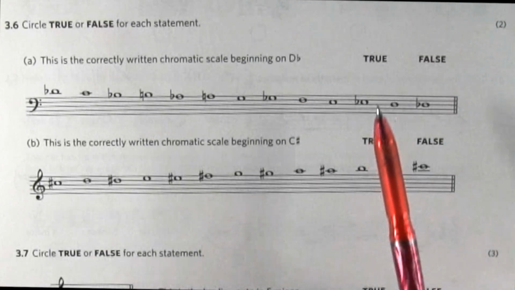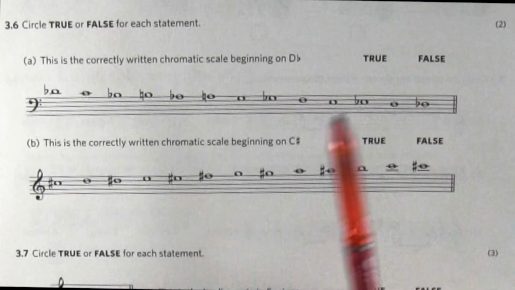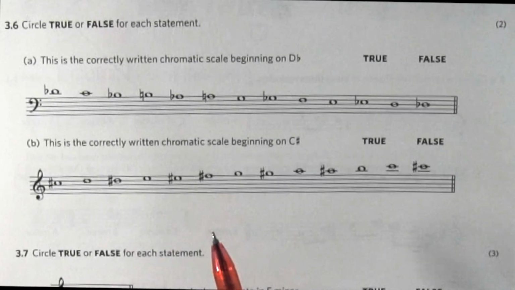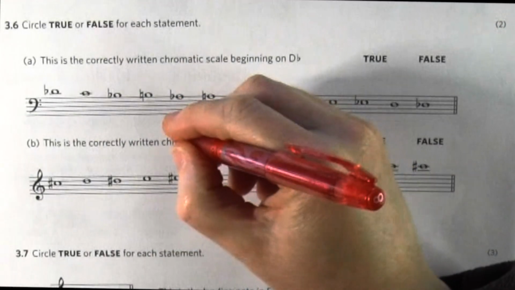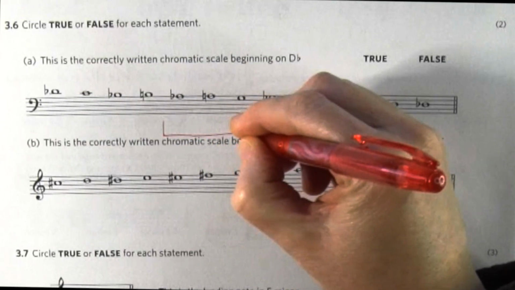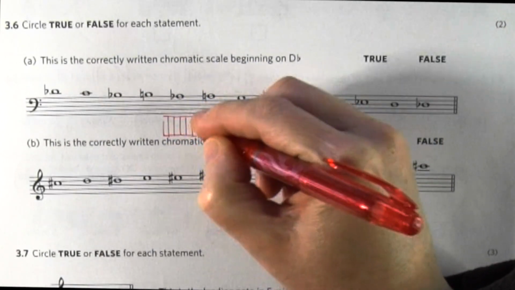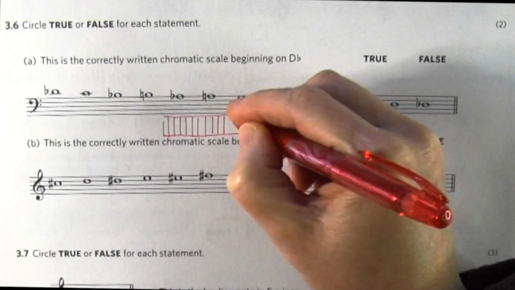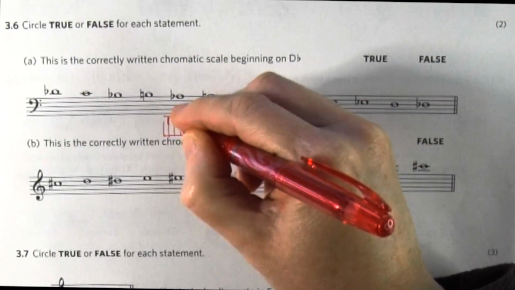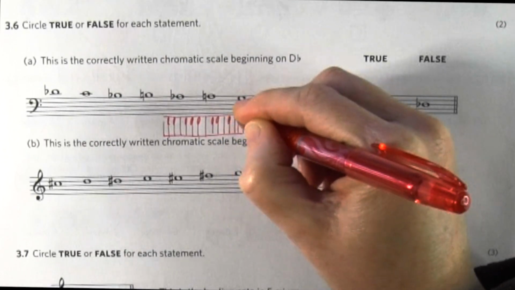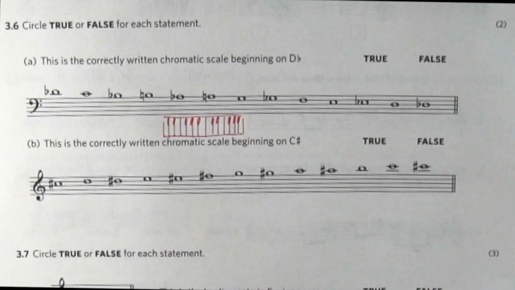In this question, we need to select true or false to indicate whether the 2 chromatic scales have been correctly or incorrectly written. We need a keyboard. Far too long.